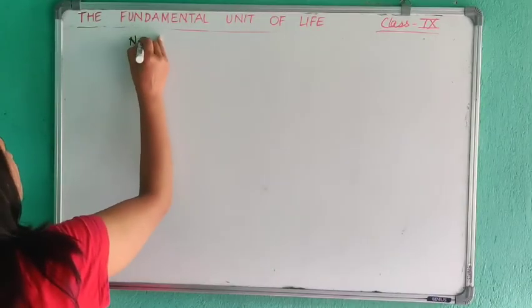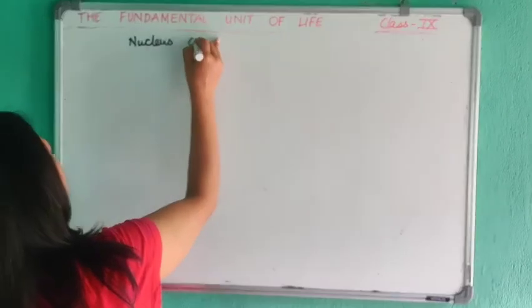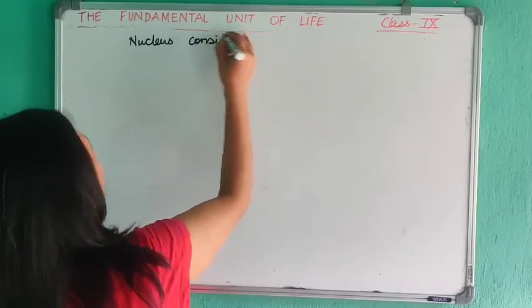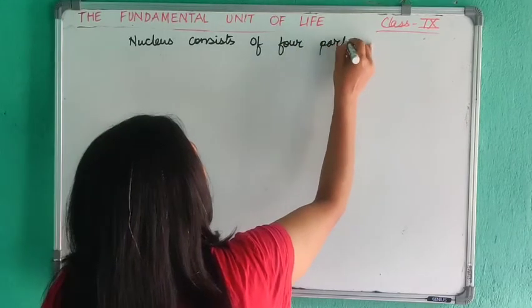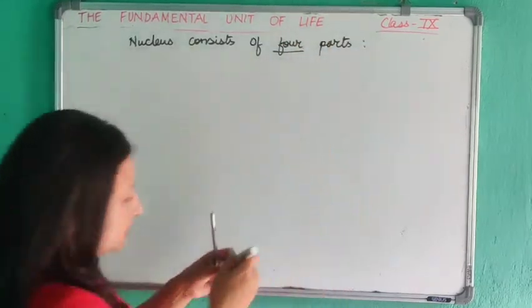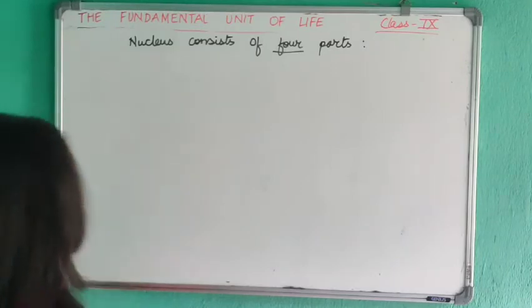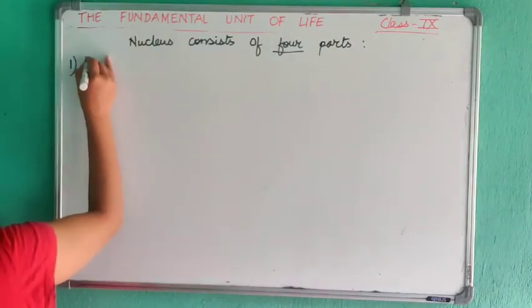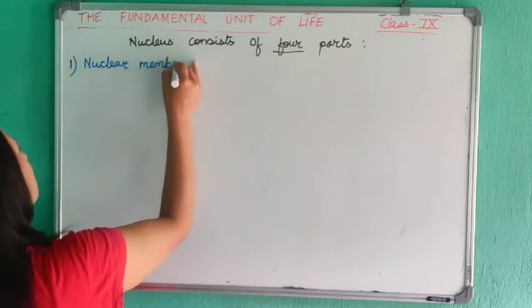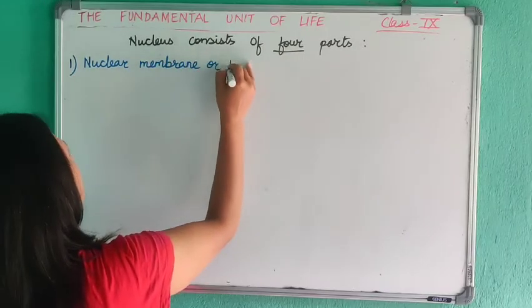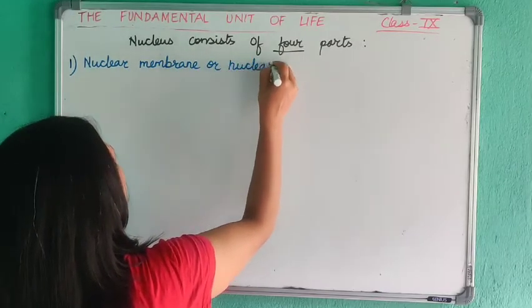Now let us talk about the 4 parts. As I told you earlier, the nucleus consists of four parts. The first part is known as the nuclear membrane, or it is also known as the nuclear envelope.